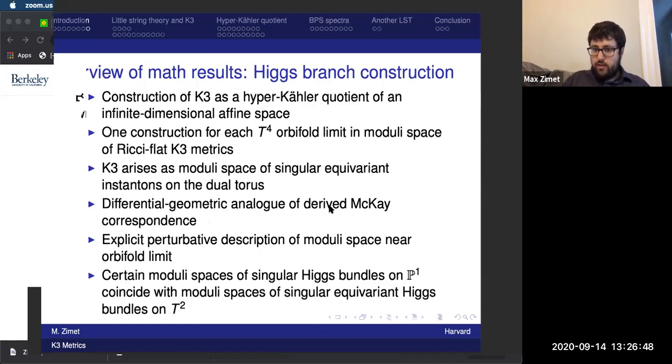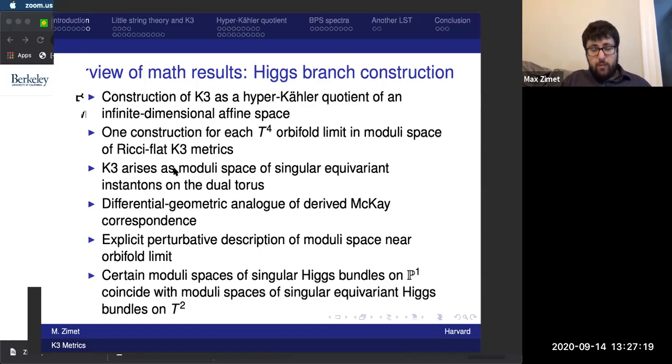One is as certain D-branes wrapping an orbifold, and one is as D-branes wrapping a K3 surface. That's the perturbative string theory intuition for this correspondence, where there ought to be two different ways of describing moduli spaces of D-branes wrapping different things. And like I said, this construction is completely explicit near the orbifold limit.